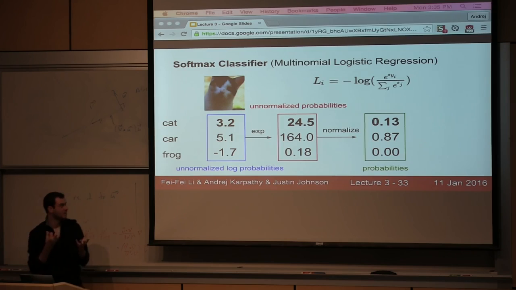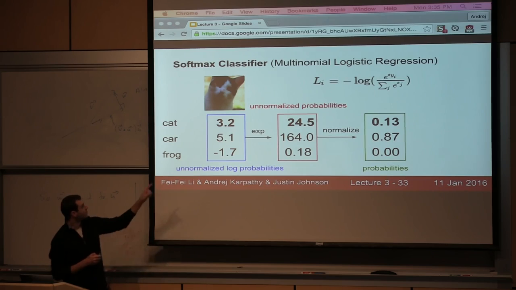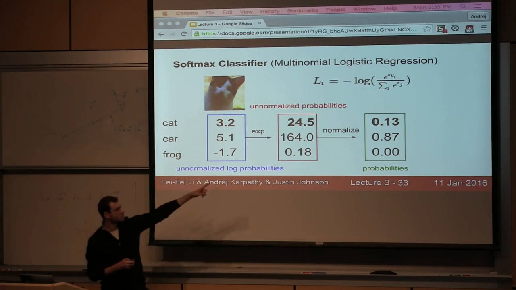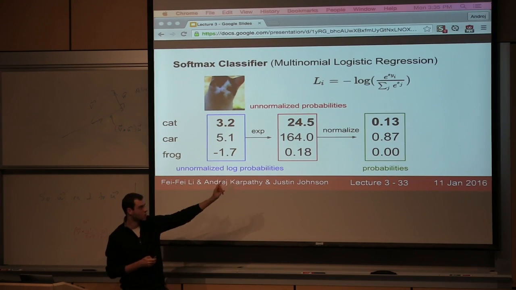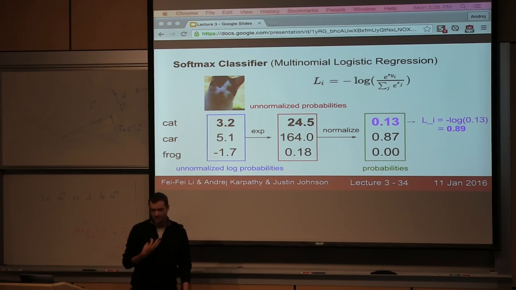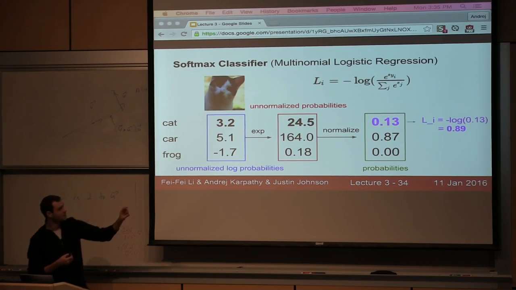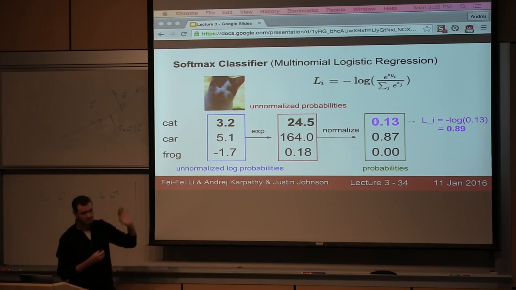So normally you see maximizing log probabilities, and so we want to minimize the negative log probability. The correct class here is cat, which only has a 13% chance under this interpretation. So negative log of 0.13 gives us 0.89. And so that's the final loss that we would achieve for this example under this interpretation of a softmax classifier. So 0.89 for softmax.